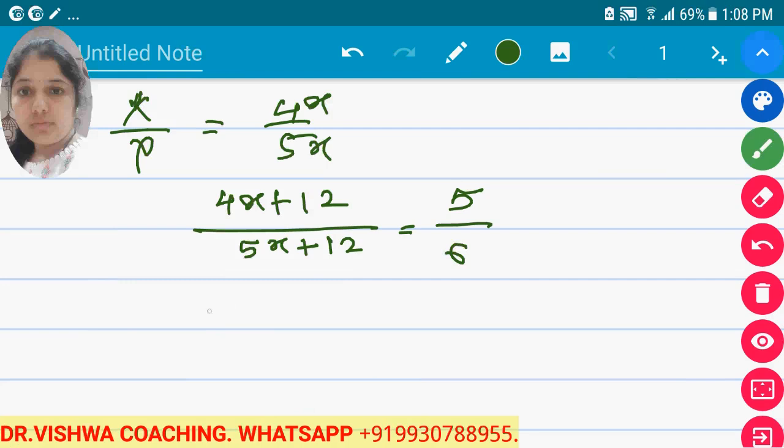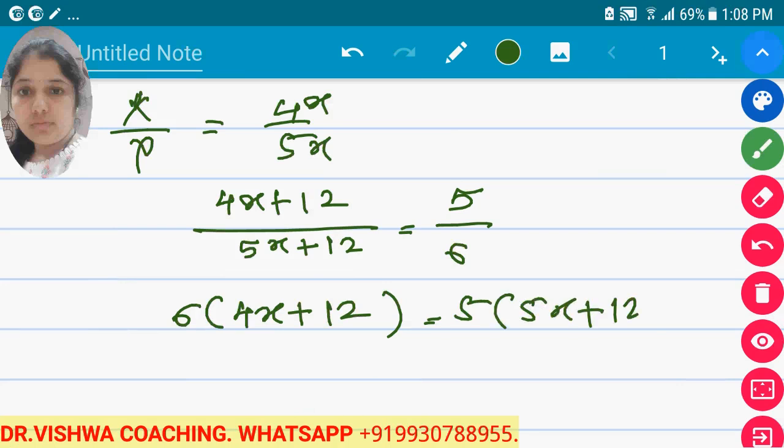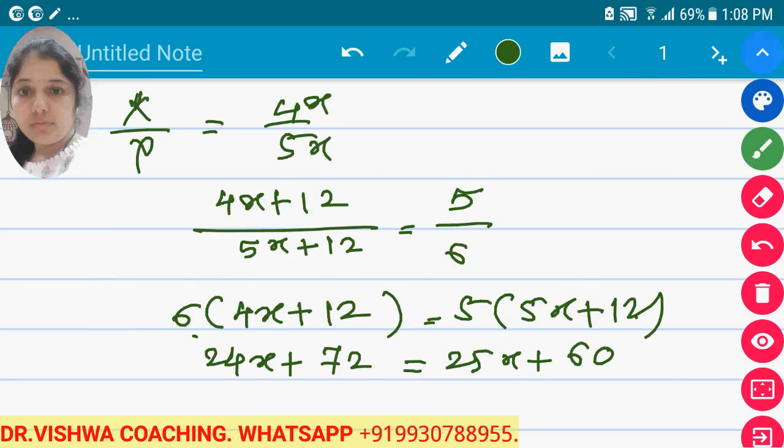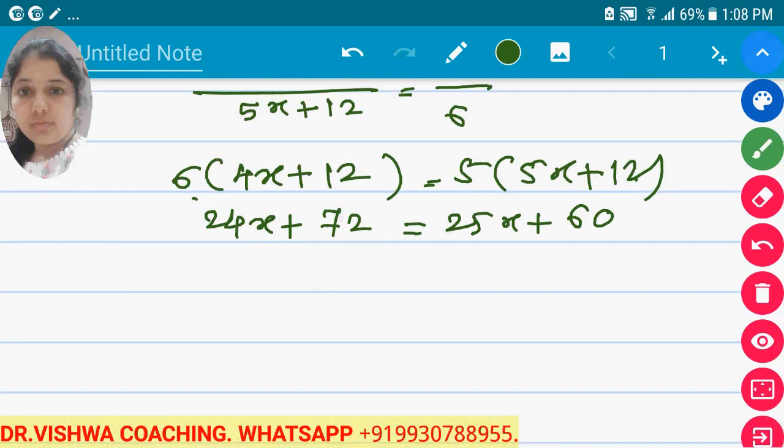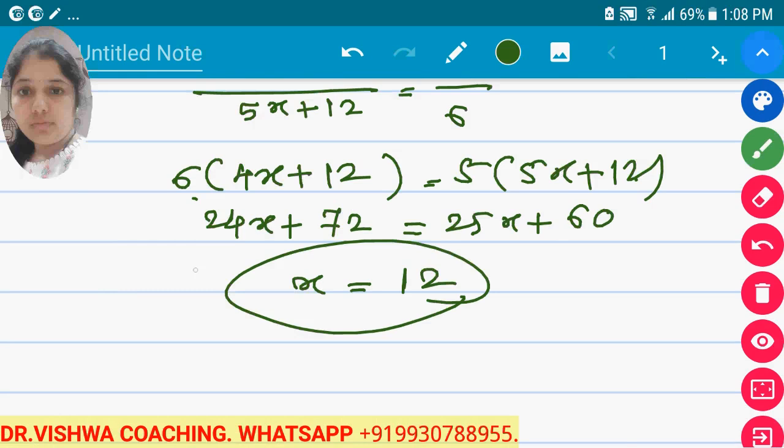Okay, now cross multiply. 6 multiplied by 4x plus 12 and 5 multiplied by 5x plus 12. Now 6 4s are 24x plus 72 is equal to 25x plus 60. So bring the variable on one side and the constant on the other side. So this becomes 25x minus 24x gives us the value as 1x, and 72 minus 60 is 12.